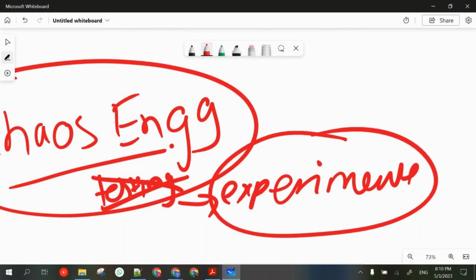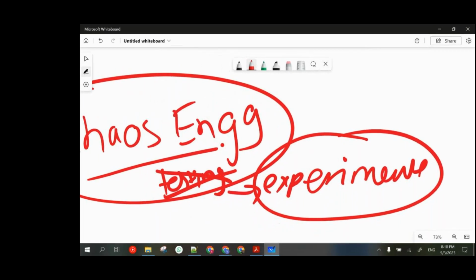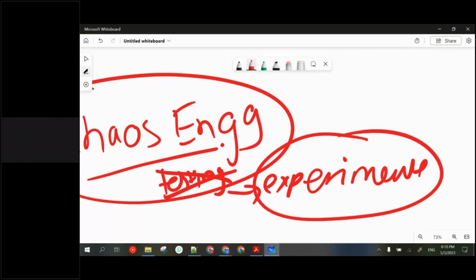Because chaos engineering is such a new field, you won't find a lot of materials online, and there's no one to help you out. Only the people who have already worked on chaos engineering can help you understand how planning happens, how NFRs are created, how they look, and what all things we need to put in the experiment, or chaos plan, or chaos strategy document. Those things we will be seeing.